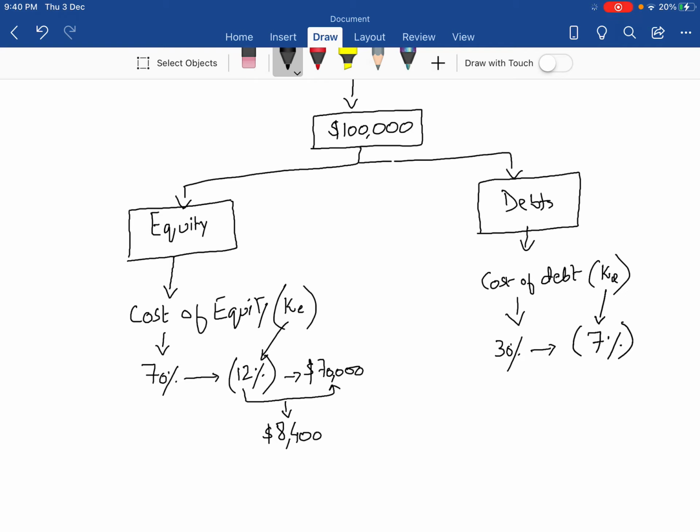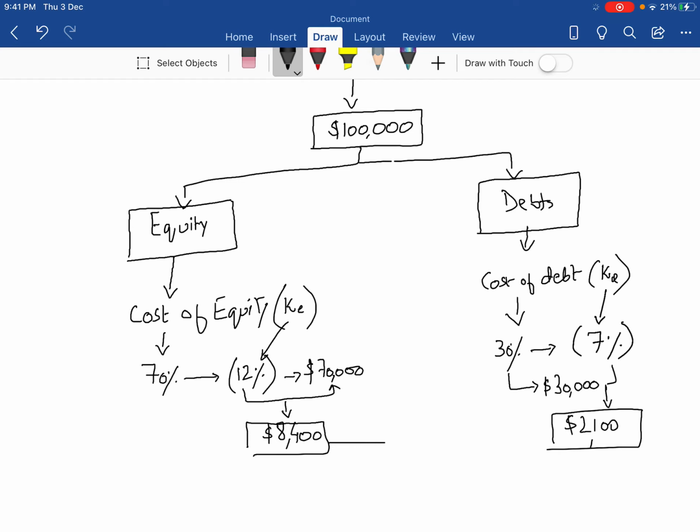Whereas 30% of 100,000 would mean $30,000, and 7% of this will be equal to $2,100. So after 1 year, $8,400 will be paid to equity holders and $2,100 will be paid to debt holders.